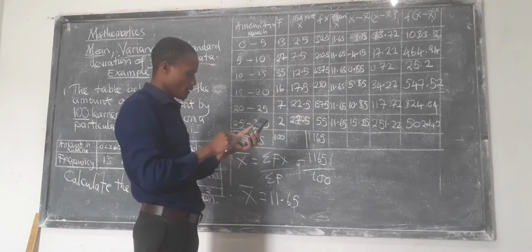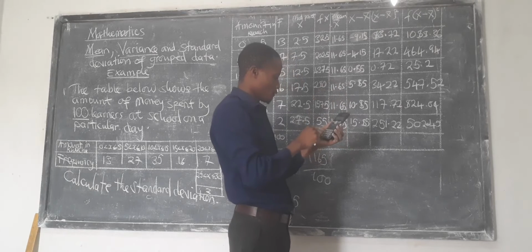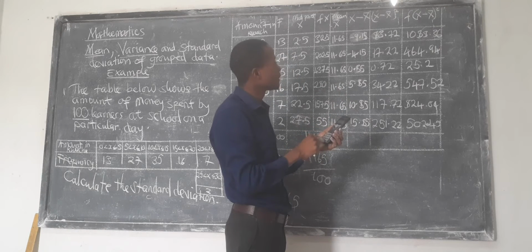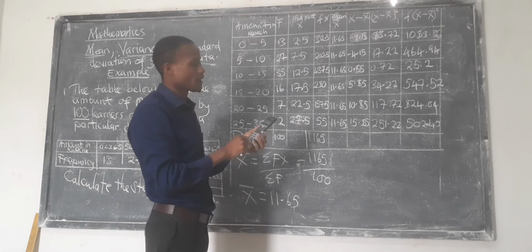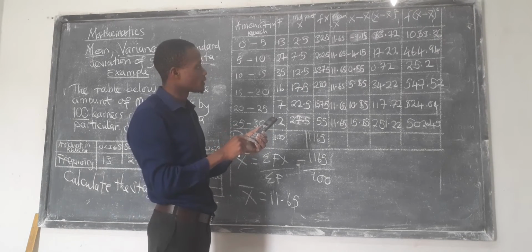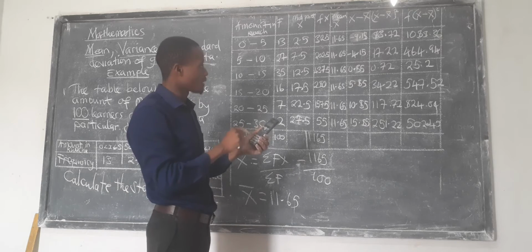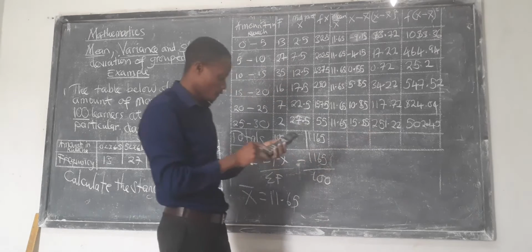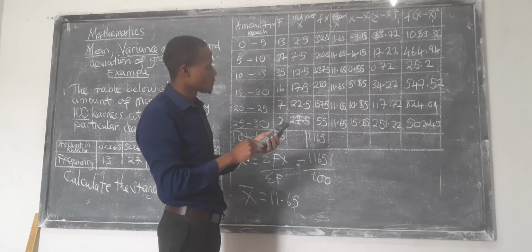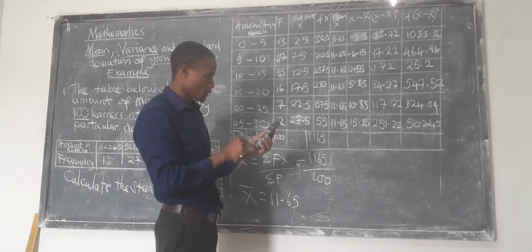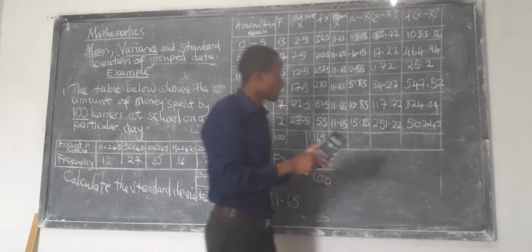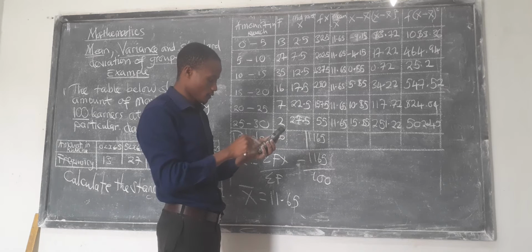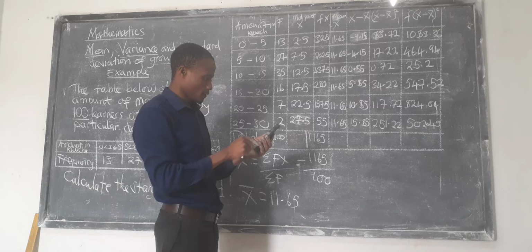So we have 1088.36 plus 464.94 plus 25.2 plus 547.52 plus next we have 824.04 plus 502.45.